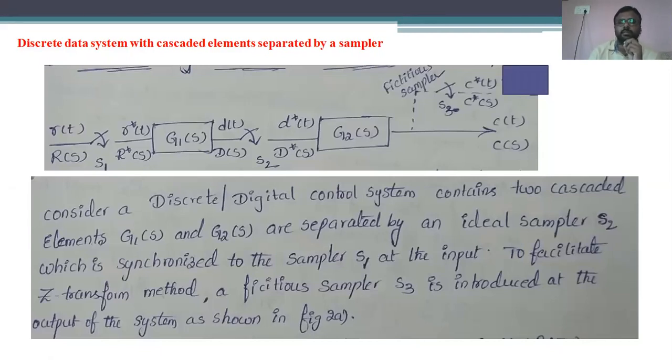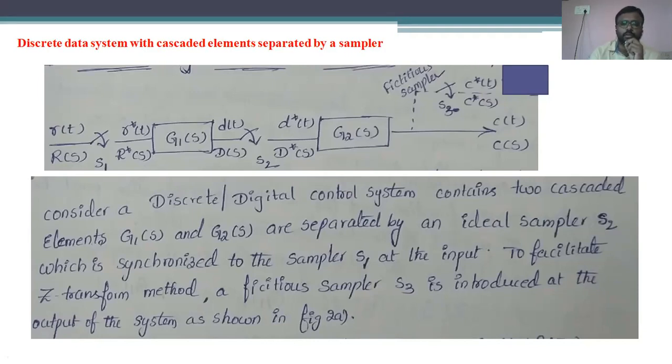The first system is a discrete data system which is cascaded and separated by a sampler. Let us consider G1 of S and G2 of S as the two discrete data systems, connected in cascaded position and separated by a sampler.